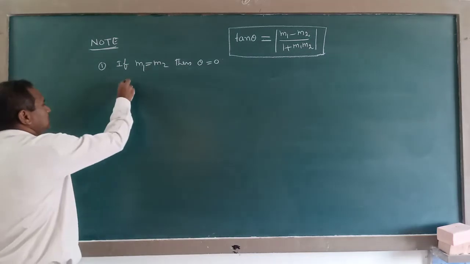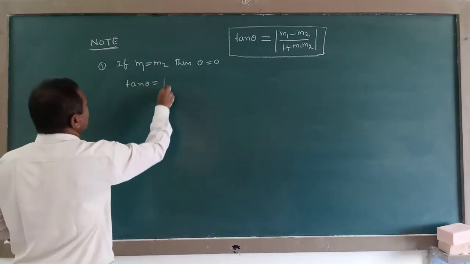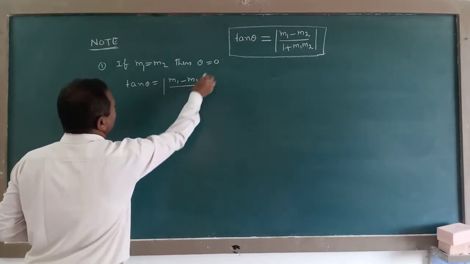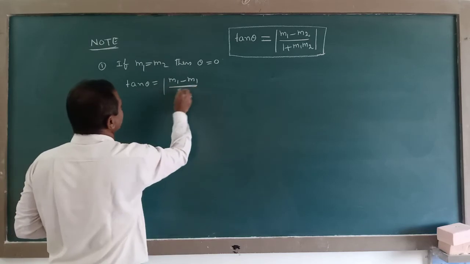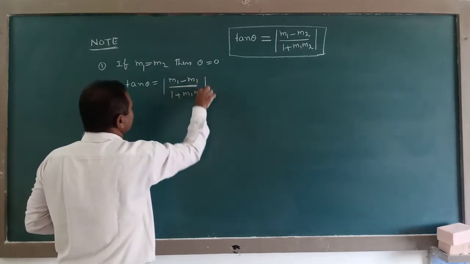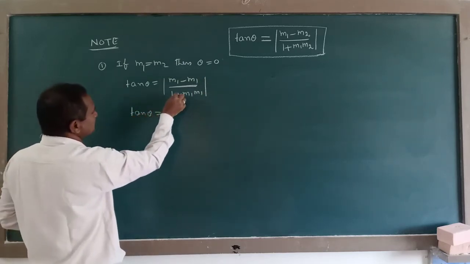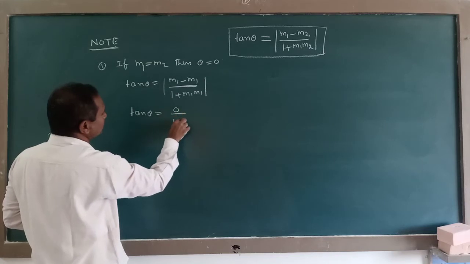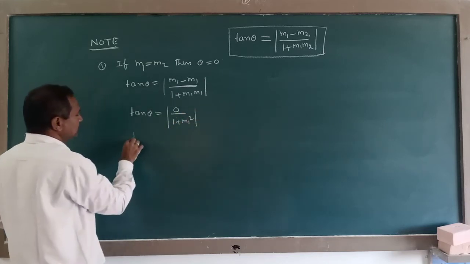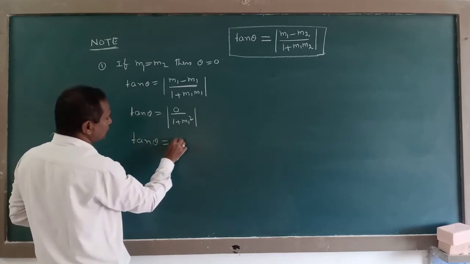Say here, tan theta is equal to modulus of m1 minus m1, taking the same slopes in that formula, divided by 1 plus m1 into m1. Then tan theta is equal to m1 minus m1, which is 0, divided by 1 plus m1 square. That is tan theta is equal to 0 divided by some finite value, which is 0.